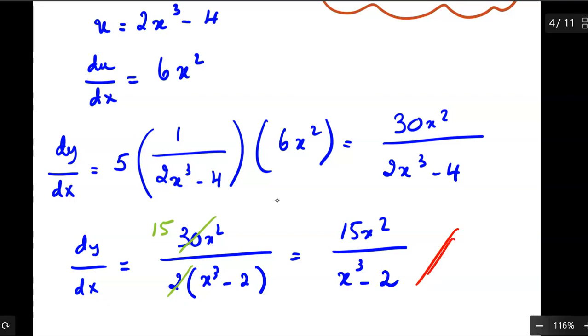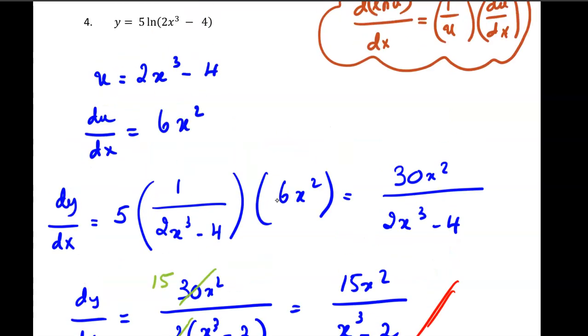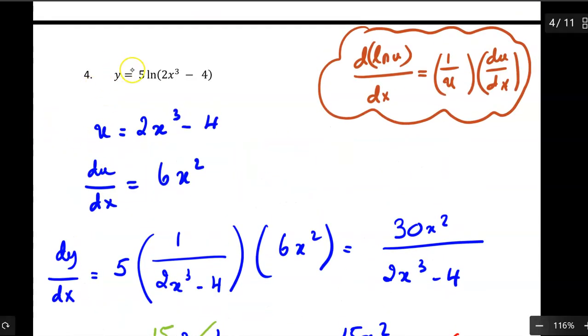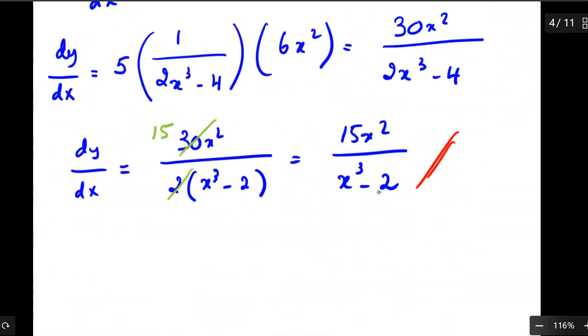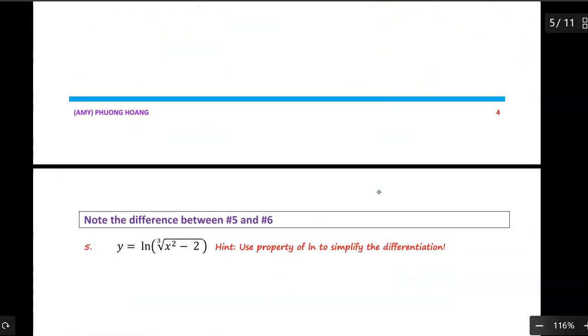Okay, so this is simple enough. And one thing that I emphasize to everyone in this case is the 5 as a coefficient multiplied by this. You still have to keep it as multiplied by. Alright, so let's move on to the next one.